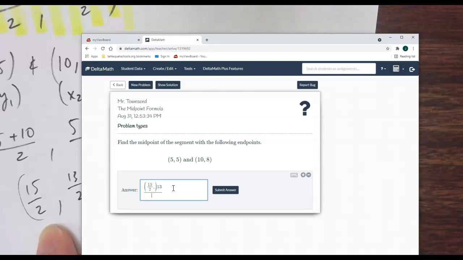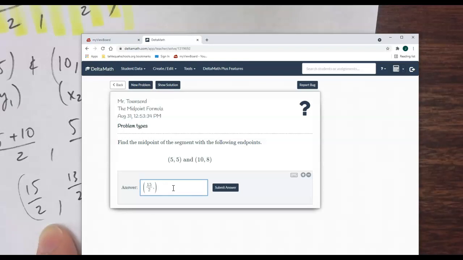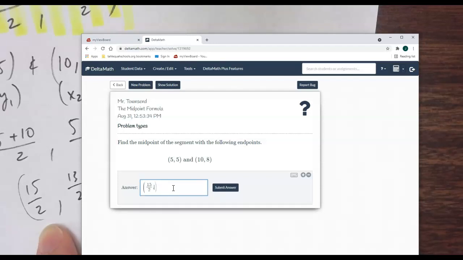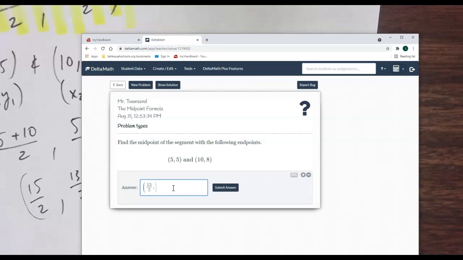And if you mess up, you try to remedy that. Looks like I added that too fast. 13 over 2. What's the deal?